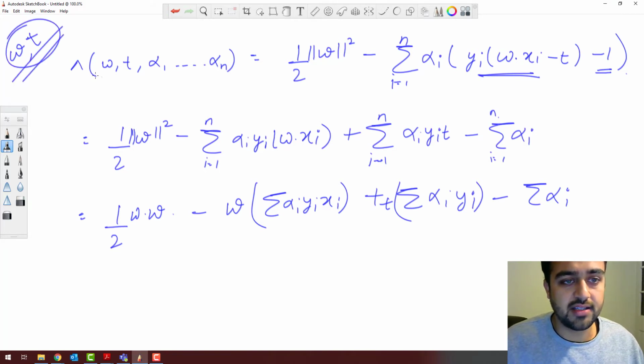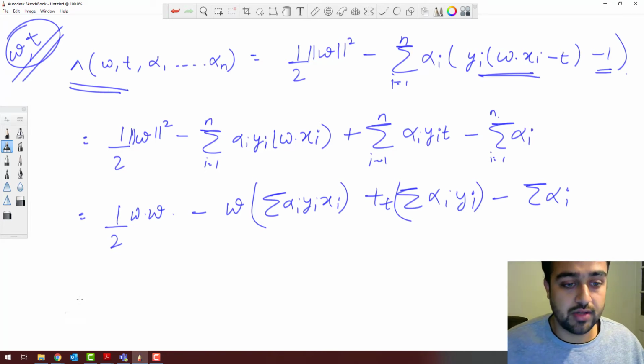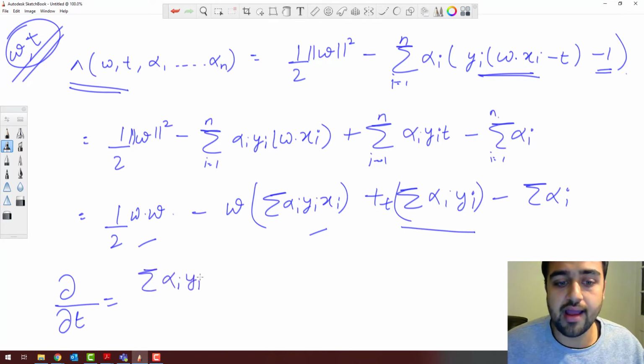We differentiate our Lagrangian formula with respect to w and t. If we take it with respect to t, this becomes 0, this becomes 0. We are only left with sigma of alpha i yi, equating it to 0.